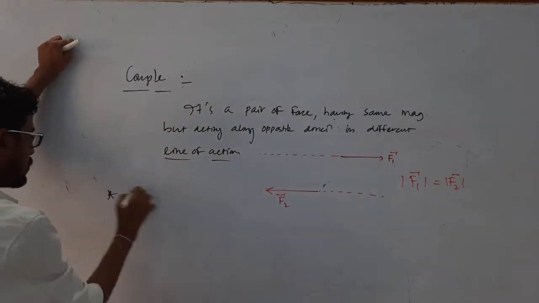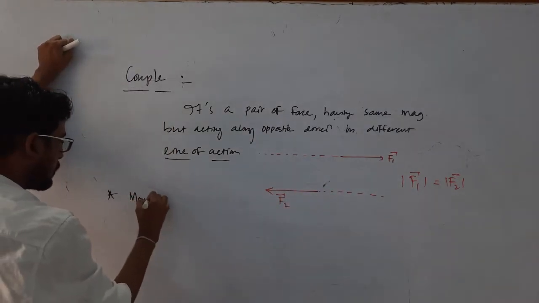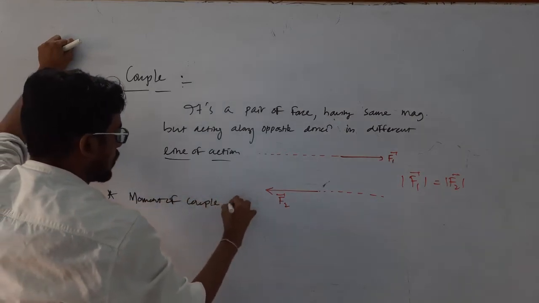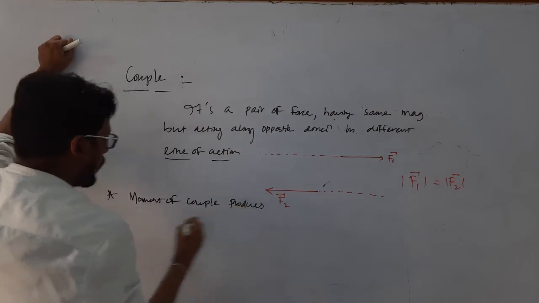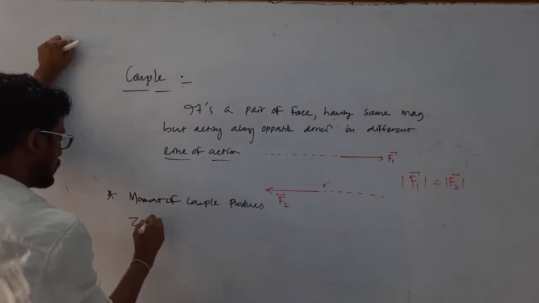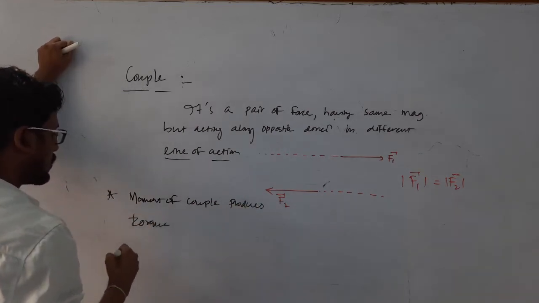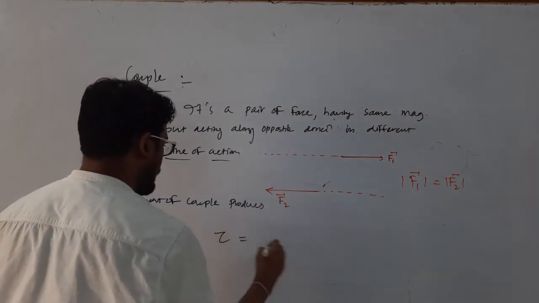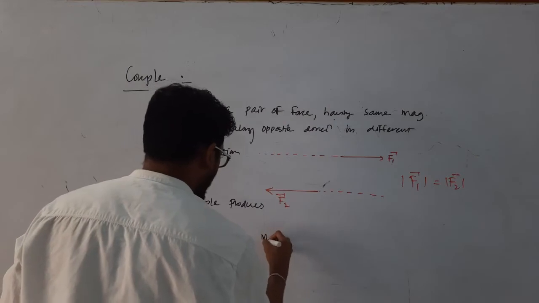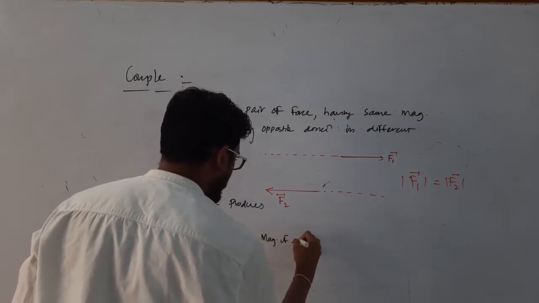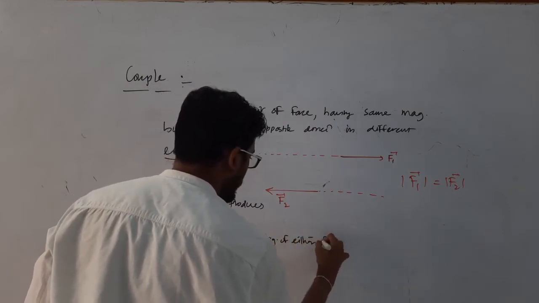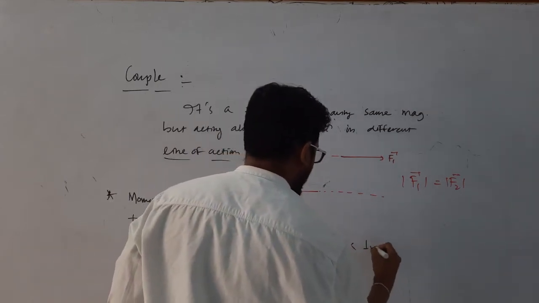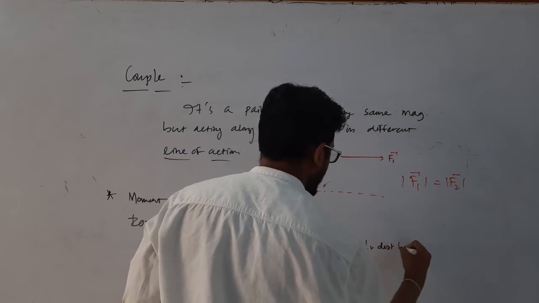Here we can also write the moment of a couple produces torque. Okay, the moment of a couple produces torque, and here you can write tau is defined as the magnitude of either force into the perpendicular distance between them.